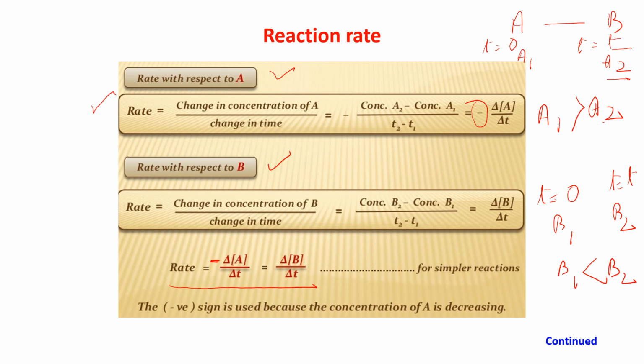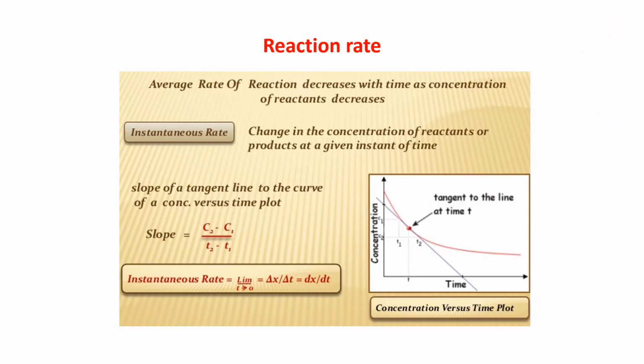We can find out the rate either from here or from here, and the minus sign we used because the concentration of A is decreasing for a particular period of time. The average rate of reaction decreases with time as concentration of reactants decreases.